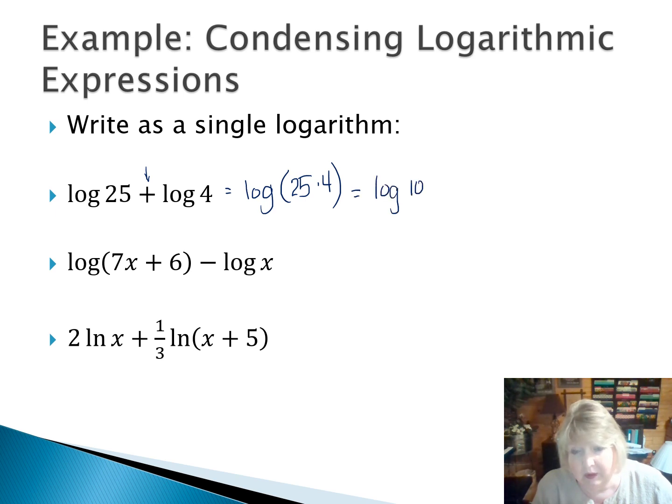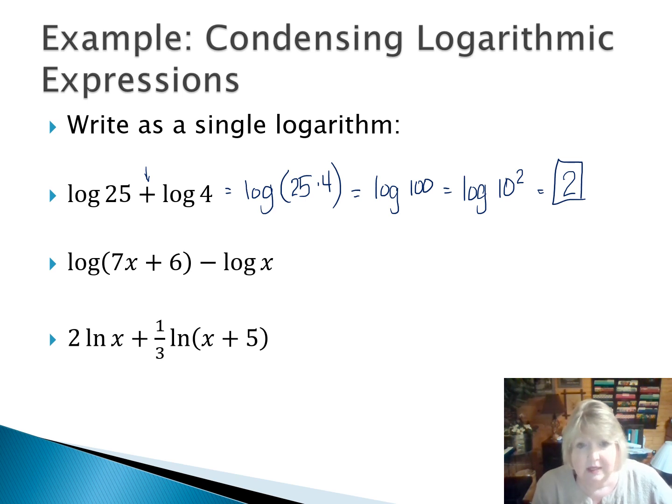That gives me 100. But I don't even get to leave my answer like this, because this is log base 10 and 100 is a base 10 number. So my common log base 10 of 10 squared. Log base 10 of exponential base 10 ends up leaving me with my exponent, 2.